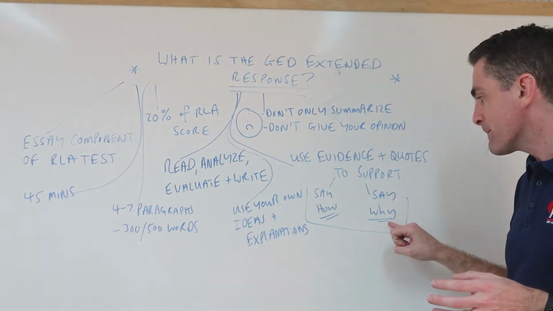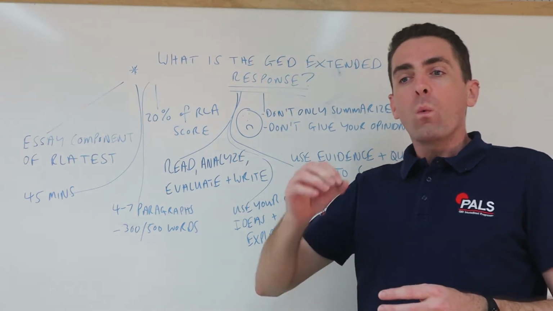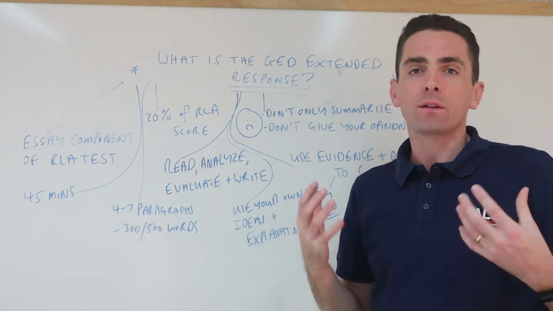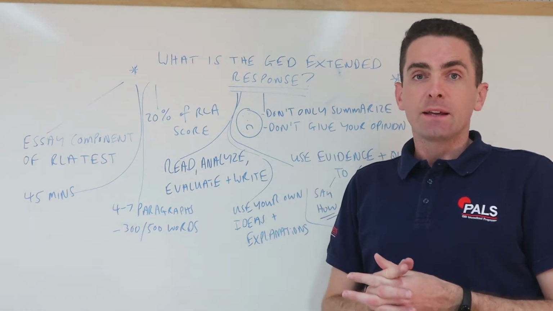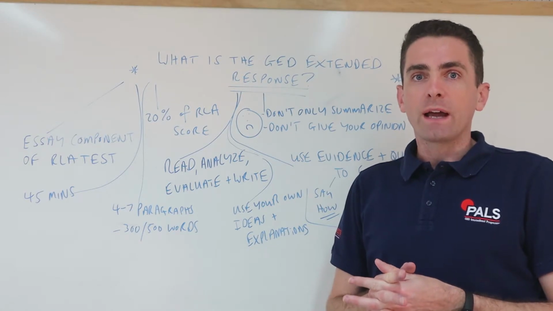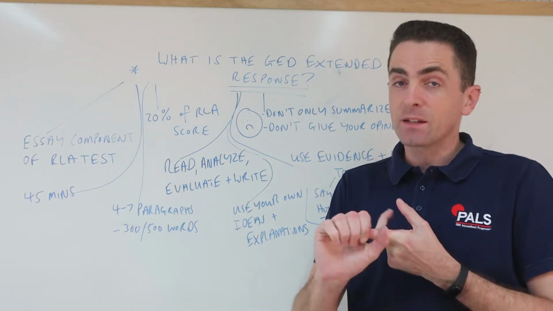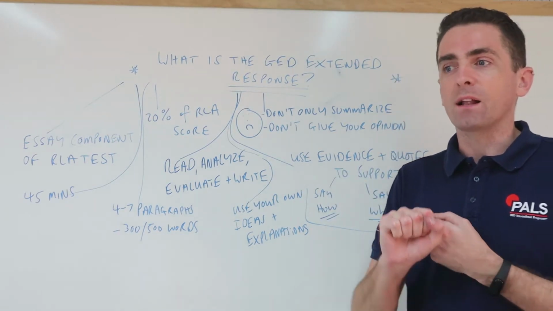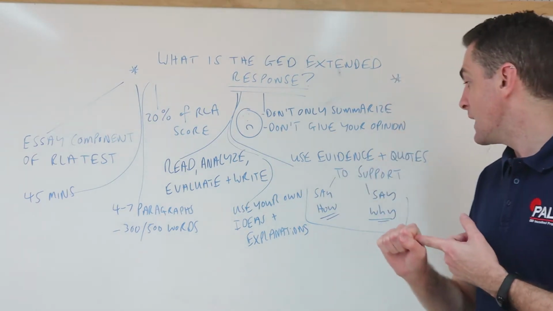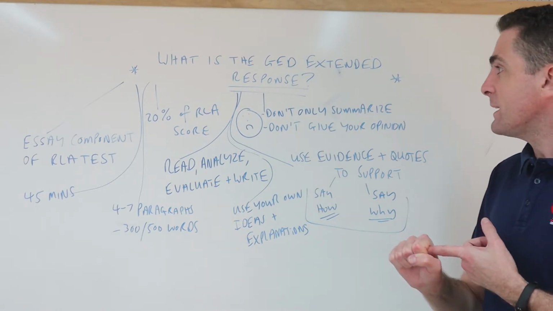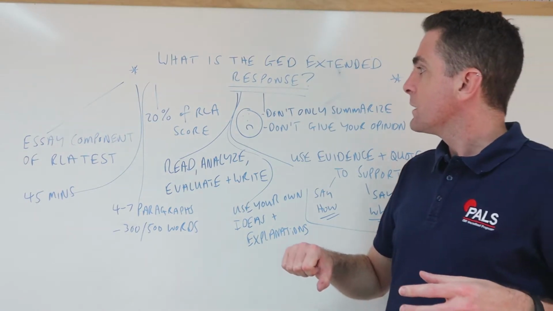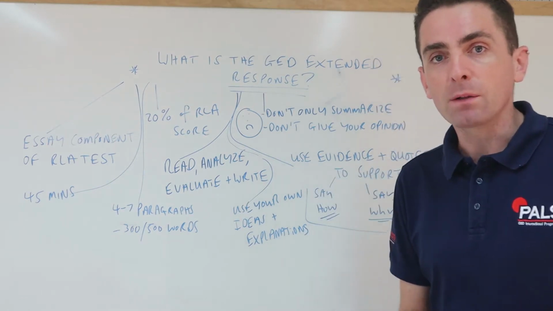And then you also have to talk about why the writer's argument is in fact stronger. Okay, so you're looking at whether the evidence itself is strong or weak. And again, that's another video that would take us a long time to explain today. So that's pretty much it. Okay, that's what's in the extended response.